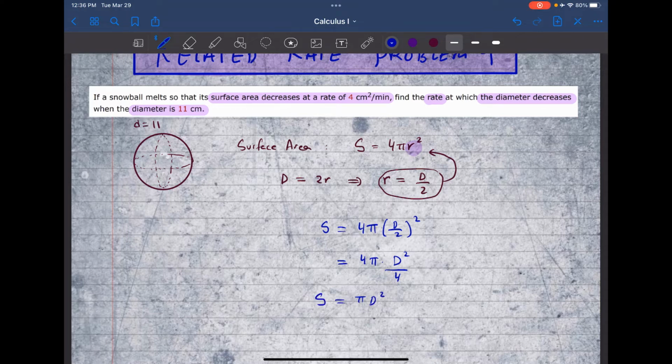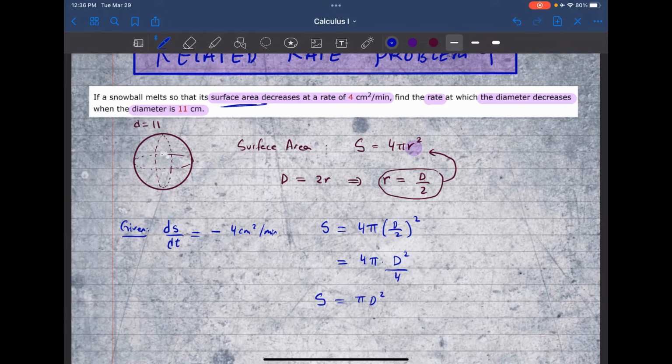Well, let's write down what is given to us. It is given in the problem that the rate of the surface area, let's call it ds/dt, is decreasing, meaning negative. So negative 4 centimeters squared per minute. Every time it says decreasing, you know that's a negative quantity.